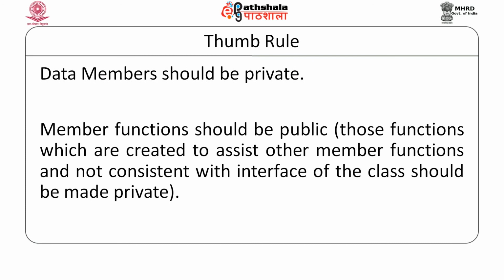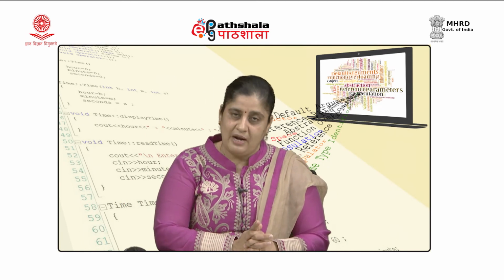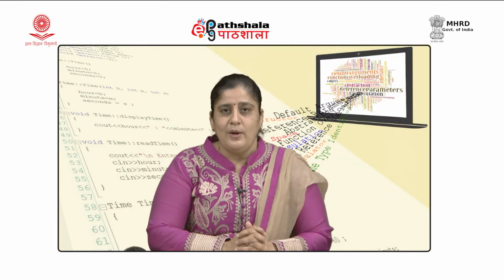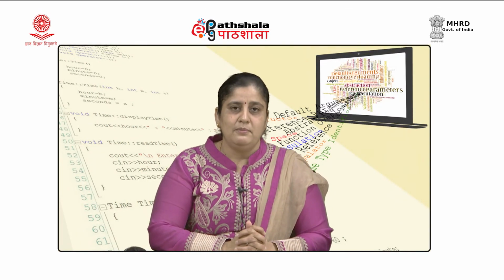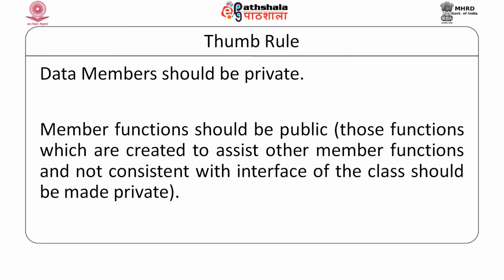Now, which members should we define as private and which as public? It is not a rigid rule, but the thumb rule says that data members in the majority of cases should be made private and the member functions should be made public.